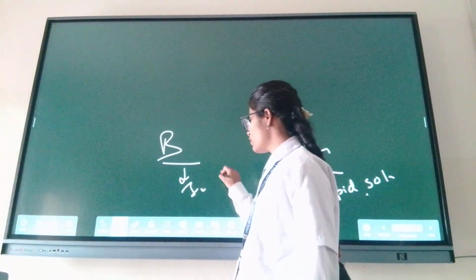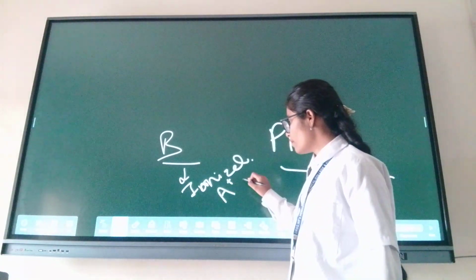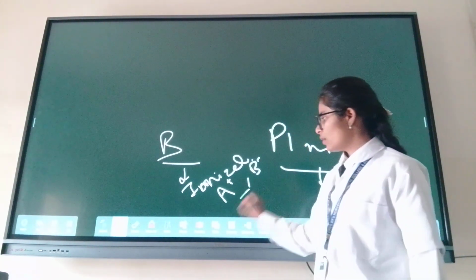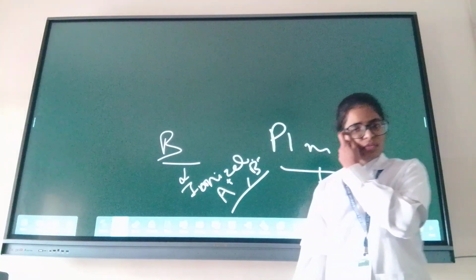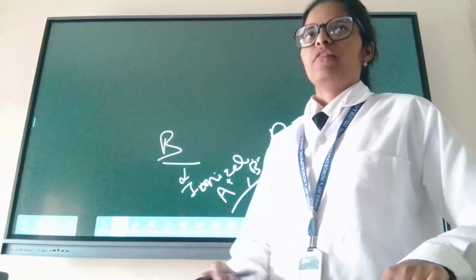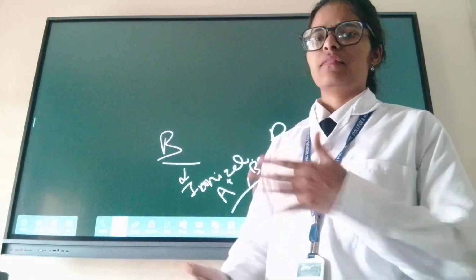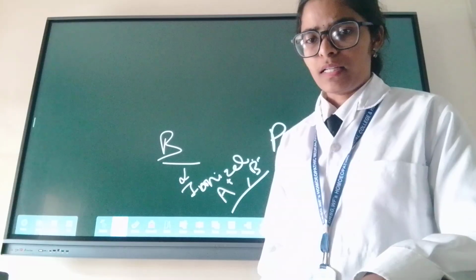You know, ionized form, I just explained to you. Ionized form can pass the brain cell. For example, dopamine cannot penetrate the brain cells, so we give the precursor of dopamine, that is levodopa.